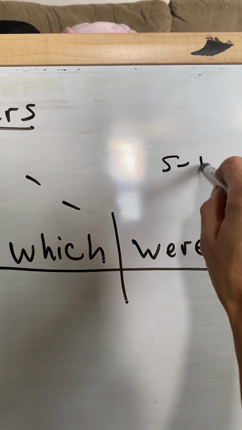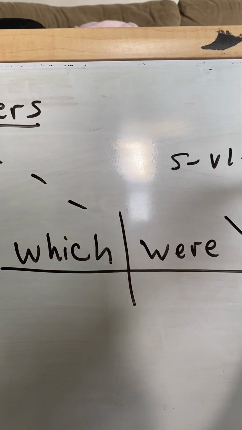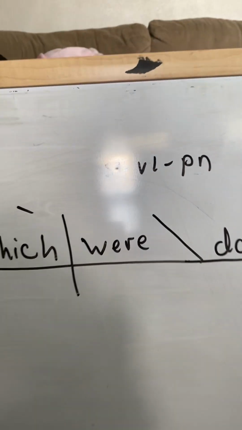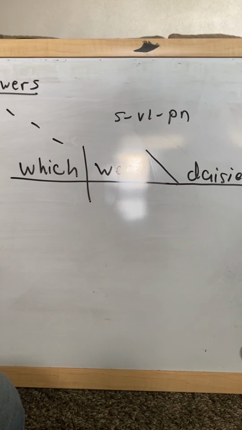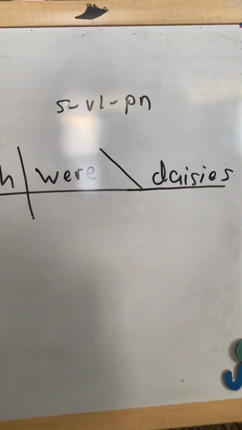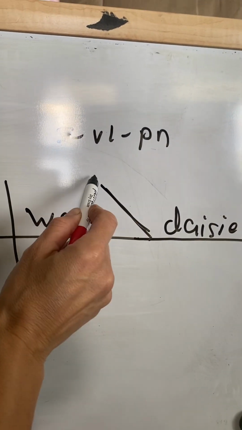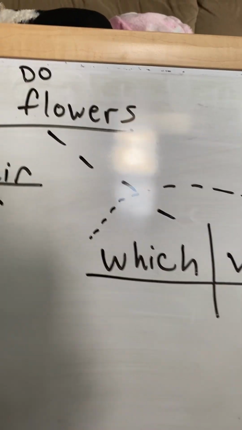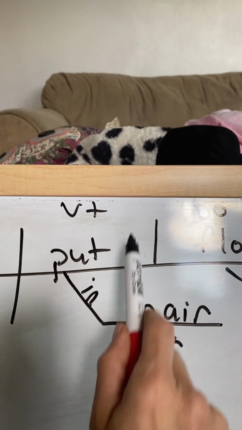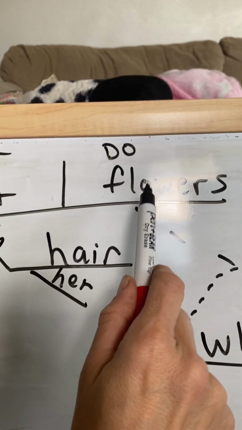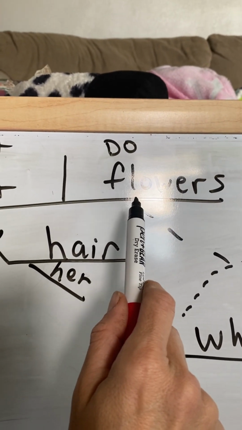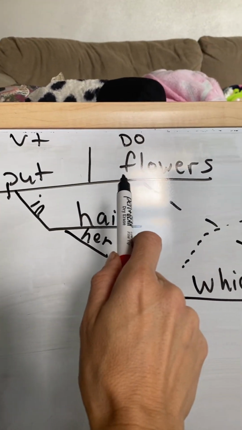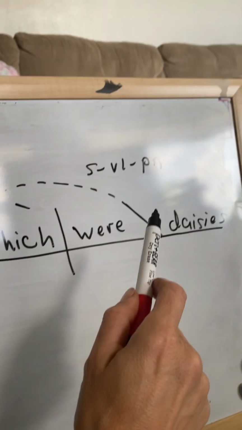It is a SVLPN. So you should have this, which were daisies. And this is slanted because it's renaming the subject, whereas up here we have a straight up and down line because this is a direct object. Our sentence pattern is a SVTDO, and then the clause is a SVLPN.